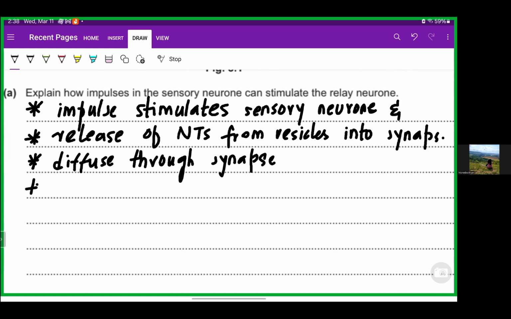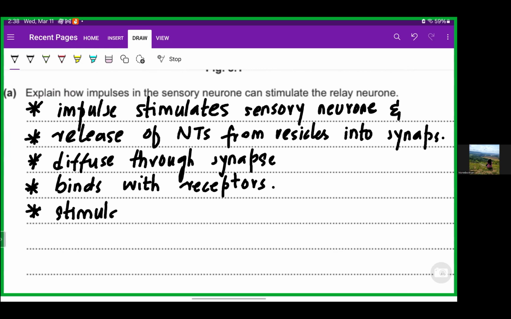And then what will happen? It will bind with its receptors. As soon as it binds with the receptors, it will stimulate the relay neuron to initiate an impulse.